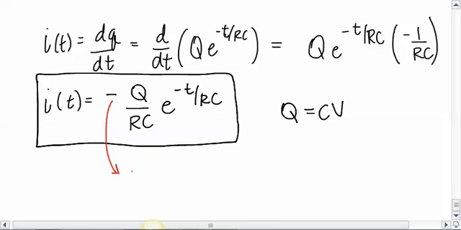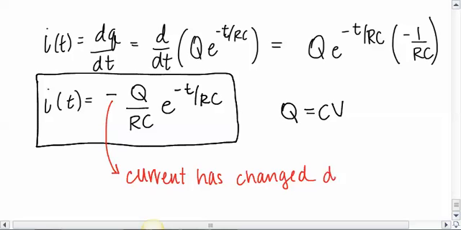I mean, when the capacitor is discharging later. So this means the current has changed direction. So it's okay that there's a negative sign there.